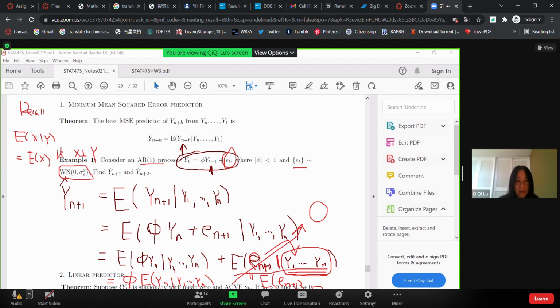So this is just y_n because you already know it. So the one step ahead forecast of an AR(1) process, y_{n+1} hat, is just phi times the last observation y_n. If you want to predict tomorrow's high temperature, you just use the coefficient times today's high temperature. So that's a one step ahead forecast.